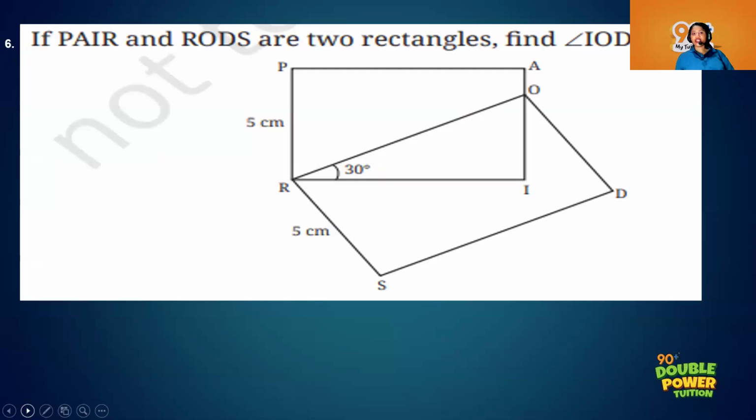Now find angle IOD in this figure. PAIR and ROOT are two rectangles. Find angle IOD.